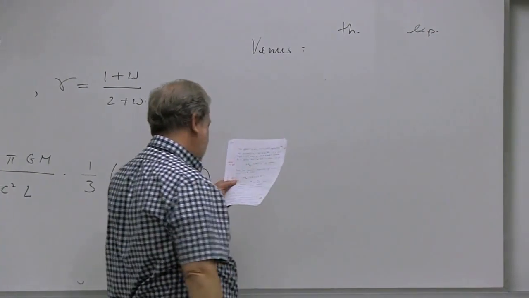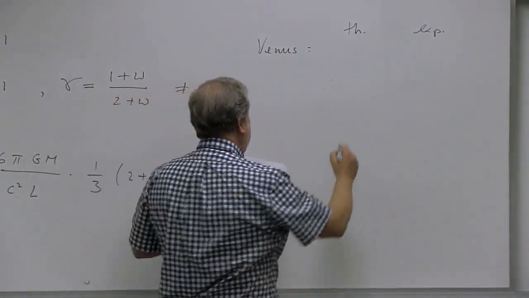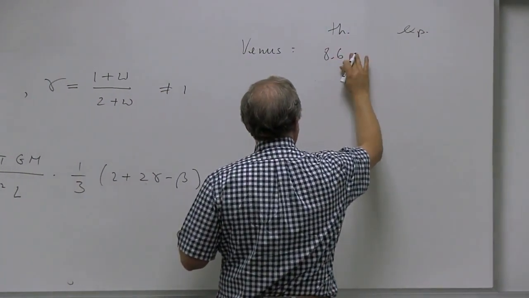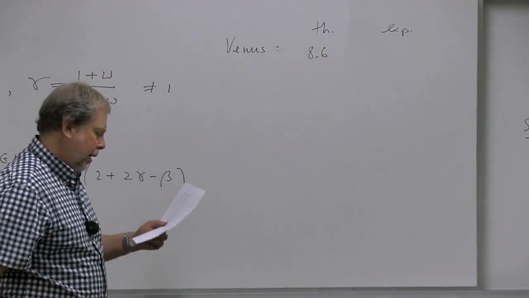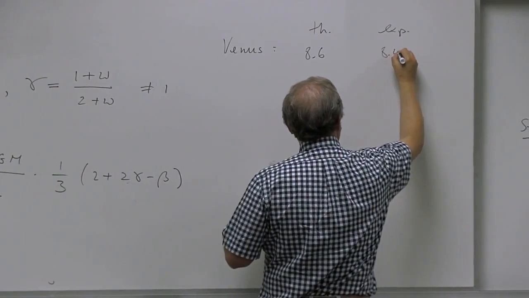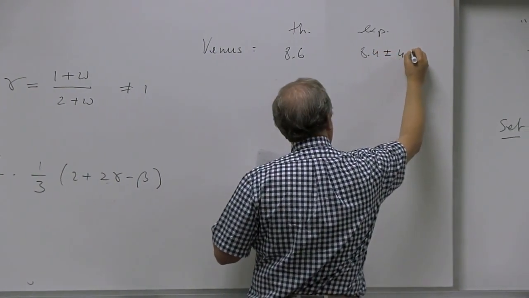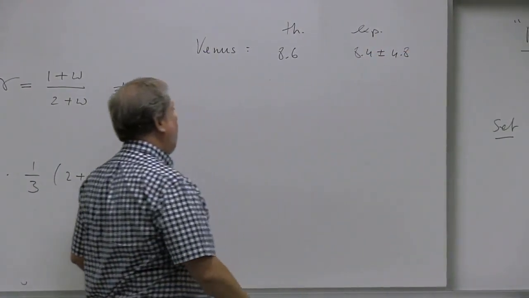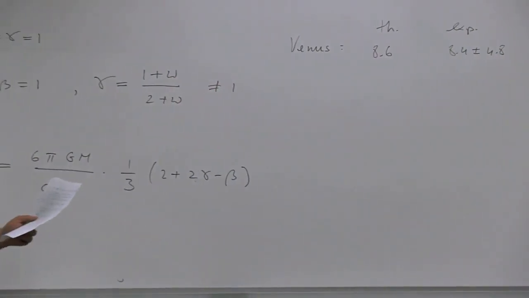For Venus, the theoretical prediction is 8.6 arc seconds per century, and the experimental number is 8.4 plus or minus 4.8. At least this is what is quoted in Weinberg. I think there might be some better numbers.